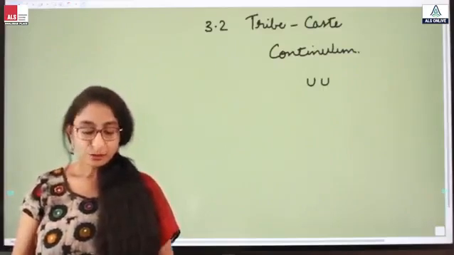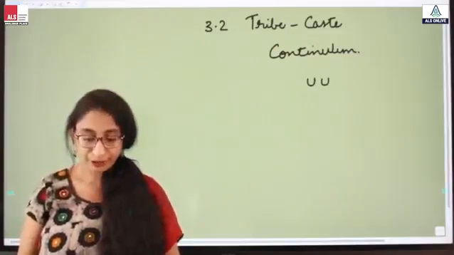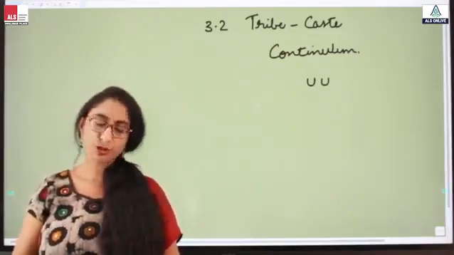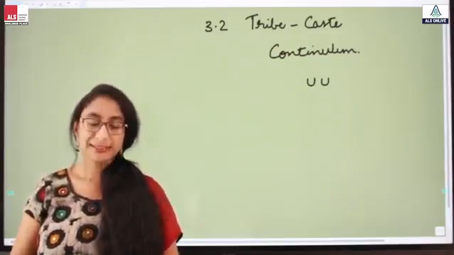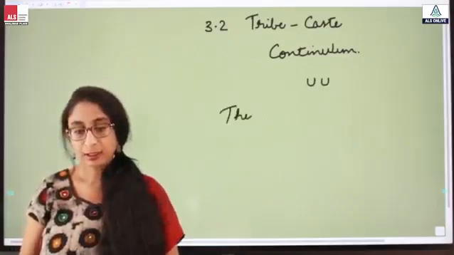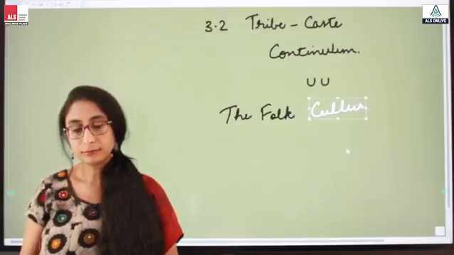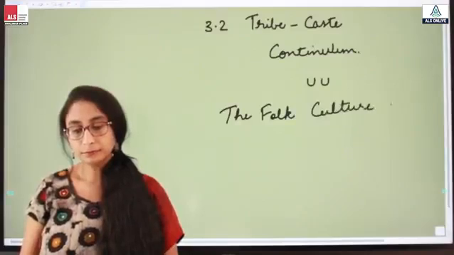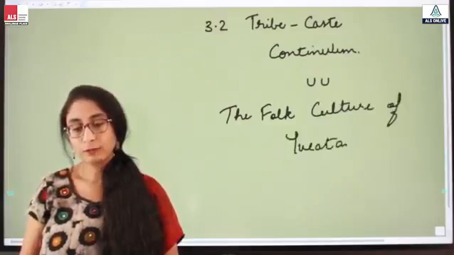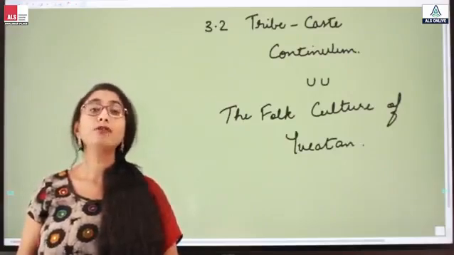Fine. So the concept of continuum owes its origin to Robert Redfield when he published The Folk Culture of Yucatan. So here in this book called The Folk Culture of Yucatan, Robert Redfield gives us the concept of continuum.